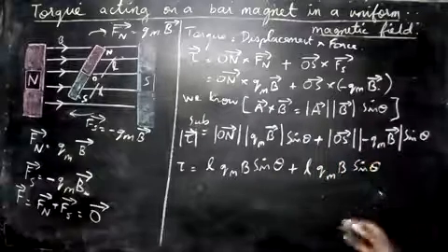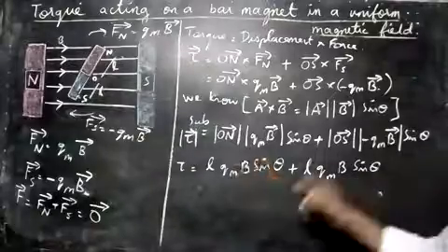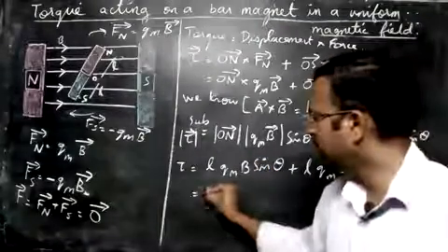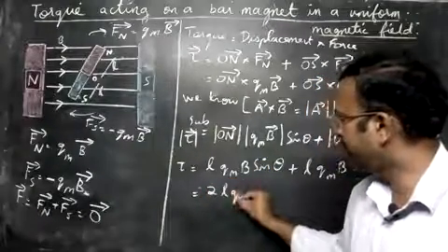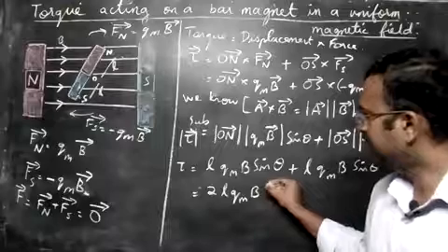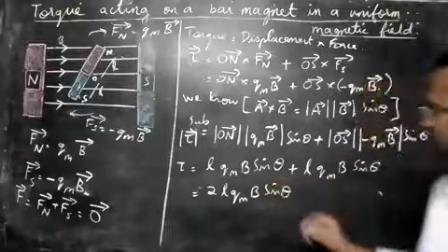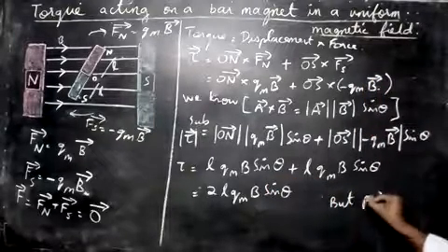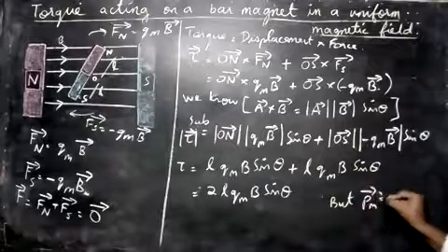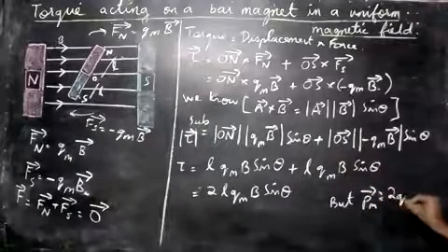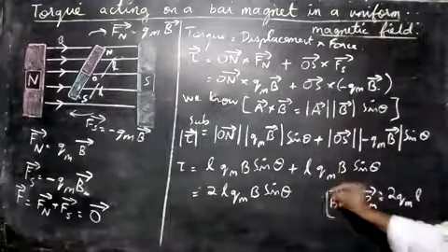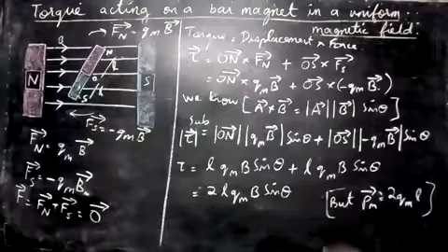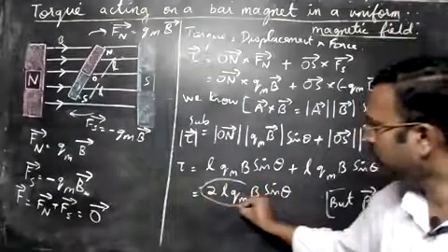We see the two terms are like terms, so we can add them. So we get 2LQmB sin theta. But we also know that the dipole moment Pm is equal to 2QmL. We learned this term.